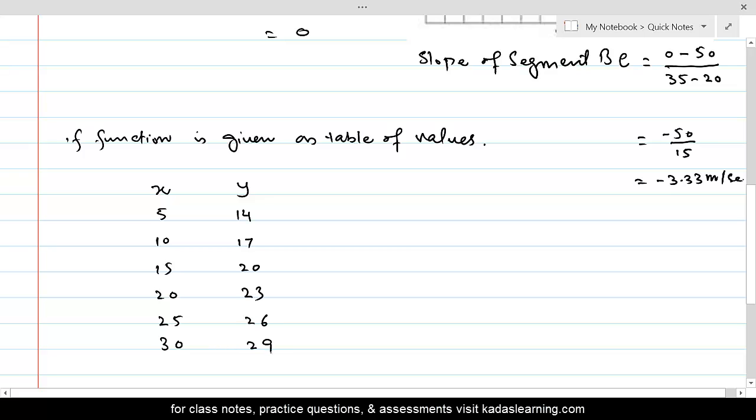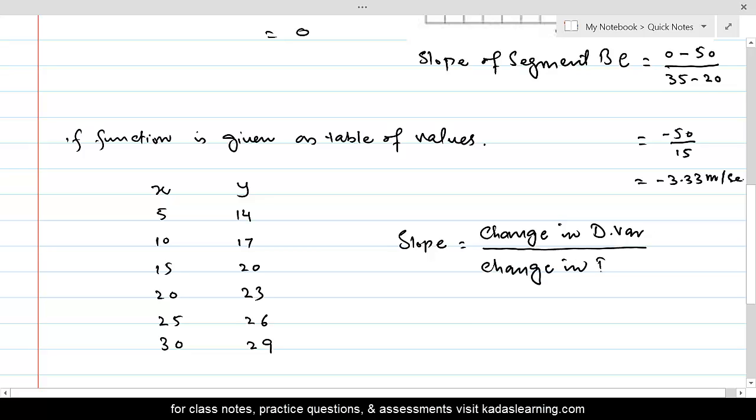It's very important that you are able to make a distinction between the dependent variable and the independent variable, because slope is equal to change in the dependent variable divided by change in the independent variable.